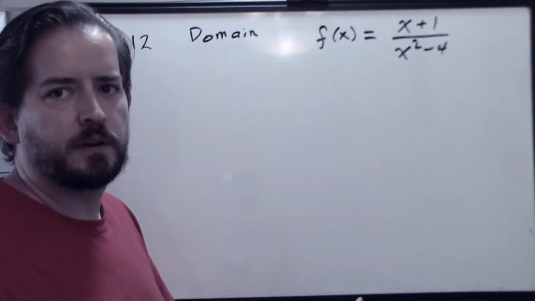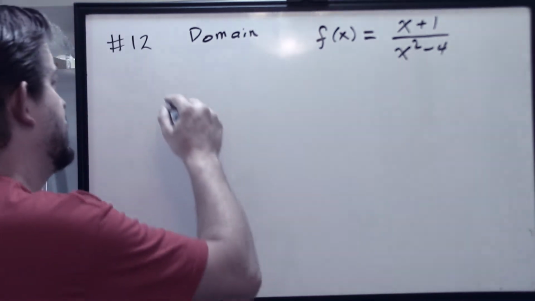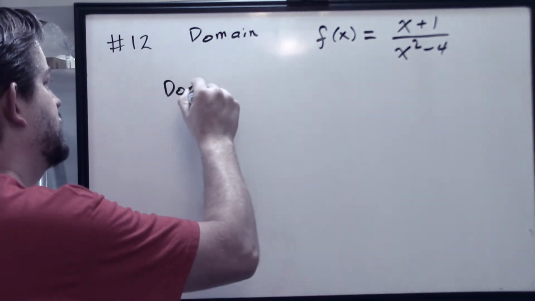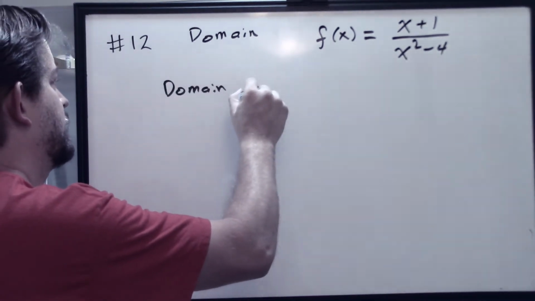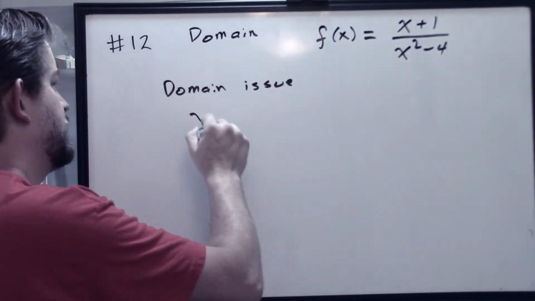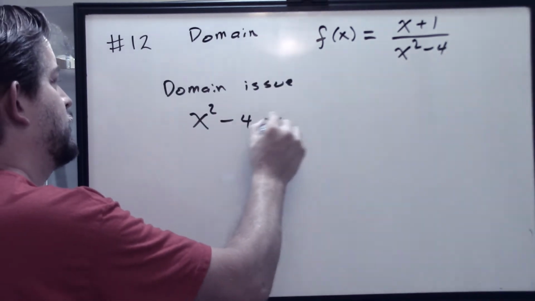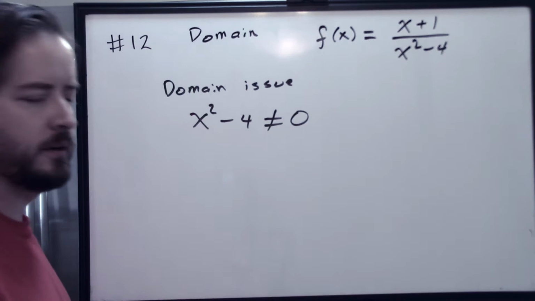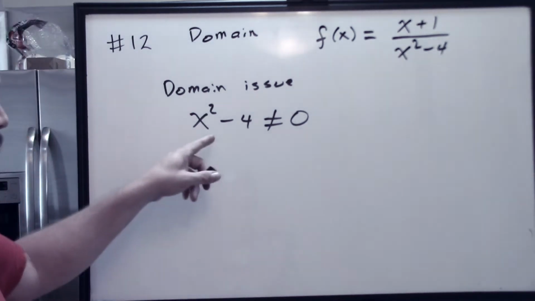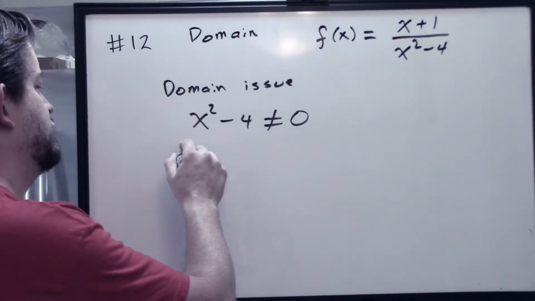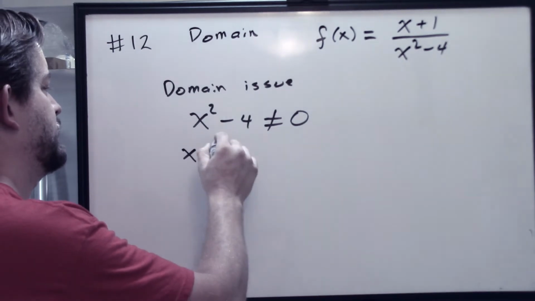And so that's really all I have to say here: my domain issue is this denominator, x squared minus 4, cannot be 0. Right? But know that x squared minus 4 is x plus 2 and x minus 2 as factors.